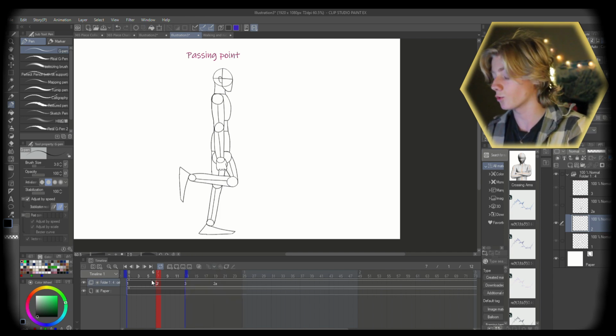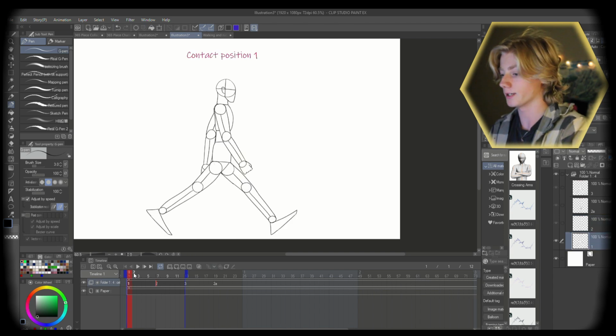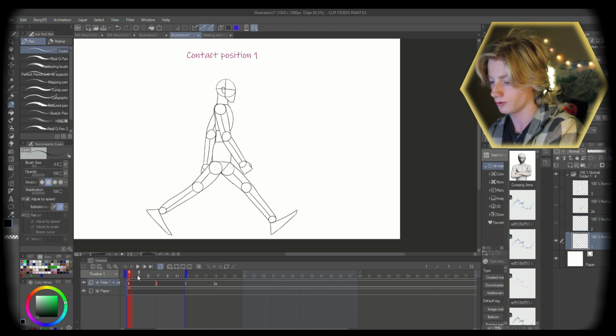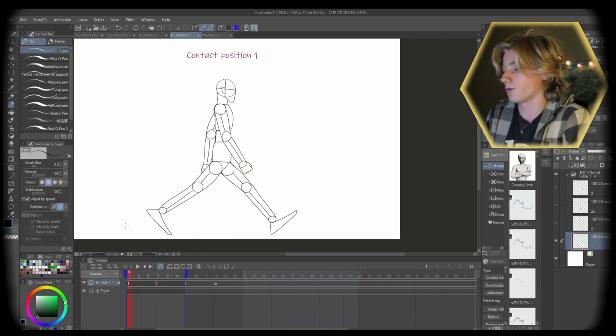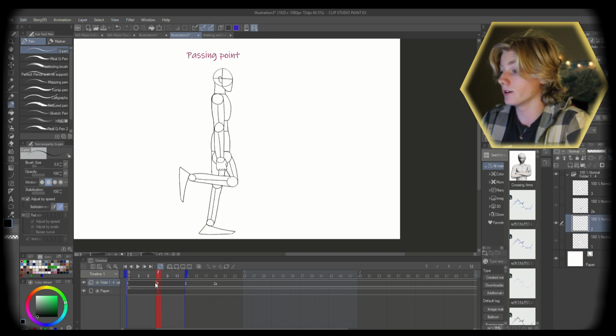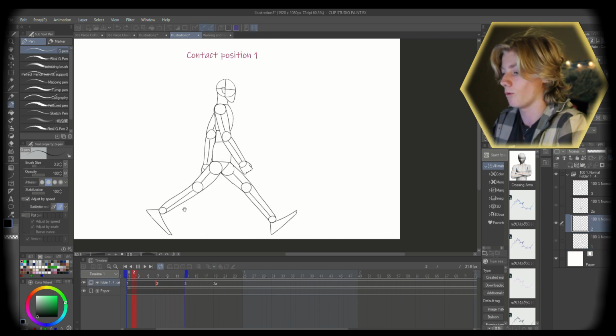This is going at 24 frames a second, and every 7th frame it goes to the next position. So just with this, we have a very basic but effective walking animation.